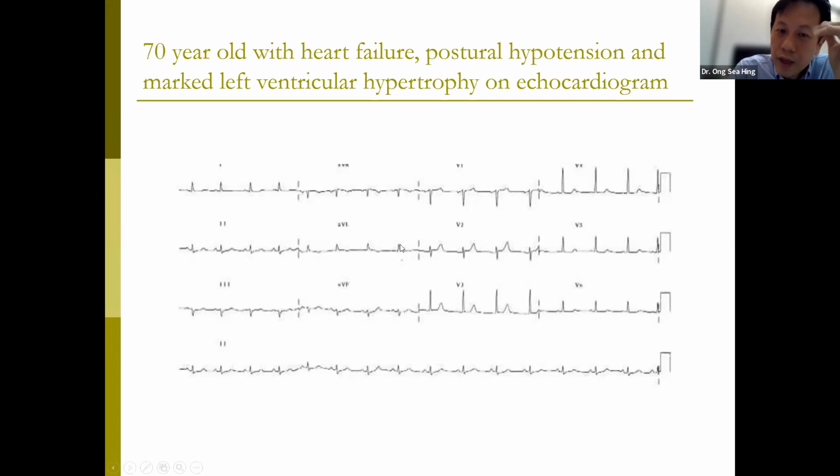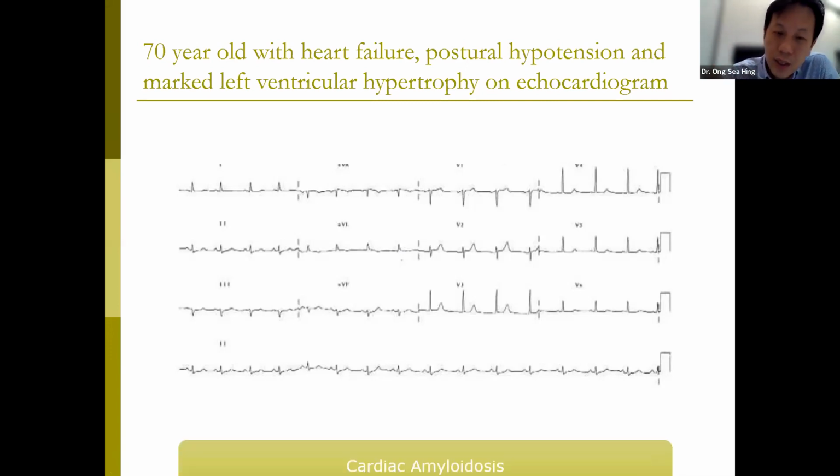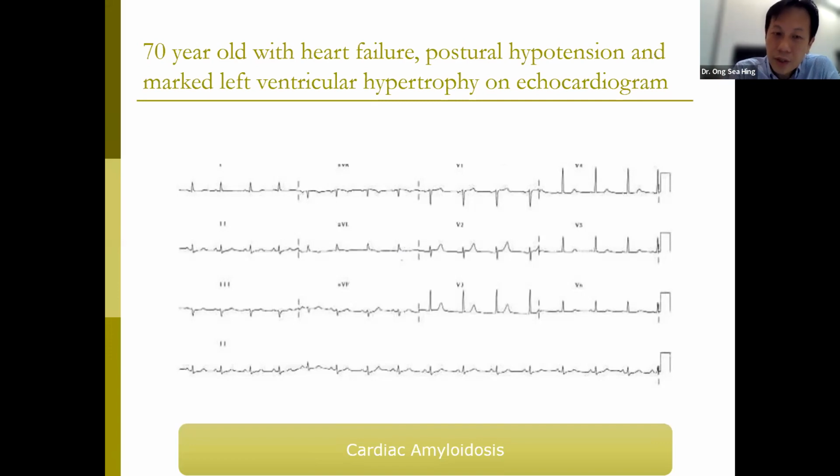In this patient with left ventricular hypertrophy on echocardiogram but none on the ECG, you have to think about one thing, which is cardiac amyloidosis. In cardiac amyloidosis, you have ventricular hypertrophy on echo, but no ventricular hypertrophy on the ECG. So you have to think about cardiac amyloidosis.